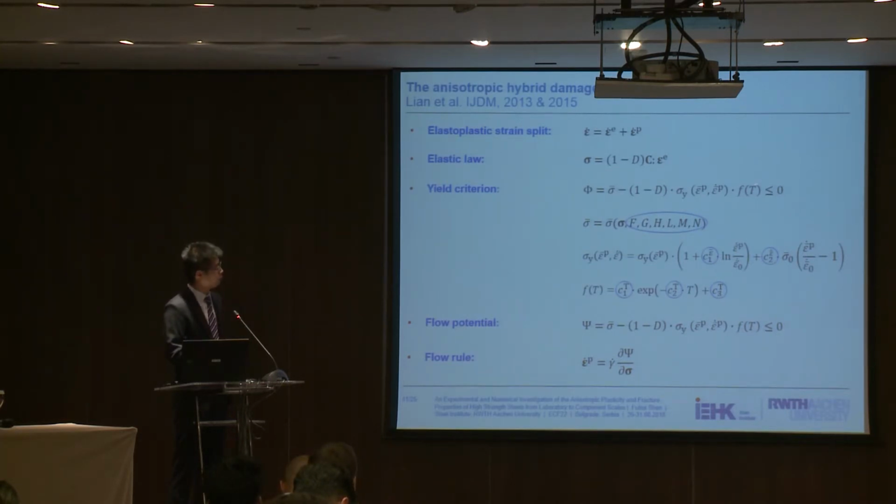In this model, we can include temperature effects and strain rate effects also. In order to take the anisotropy effect into account, we applied the anisotropic equivalent stress. And we also used the non-associated flow rule so that both R value and flow stress can be accurately described.